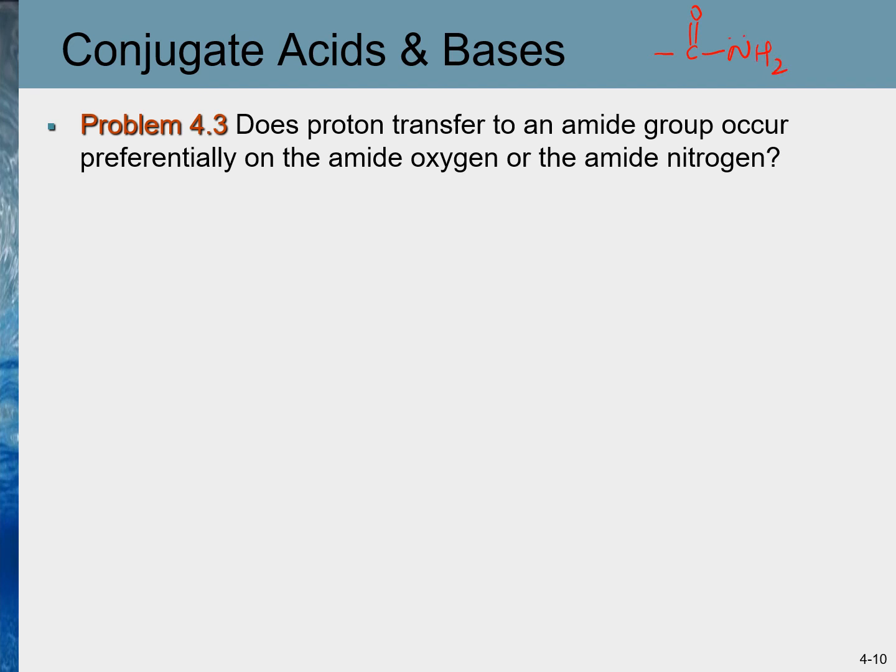Now this problem is asking that if we have some amide and it accepts a proton from any acid, let's take a generic acid HA, then will that product be this one, in which the oxygen acts as the proton acceptor site?